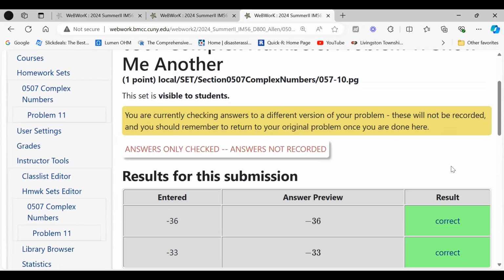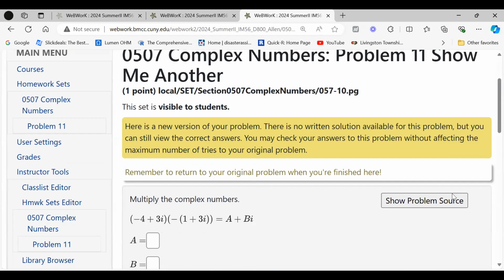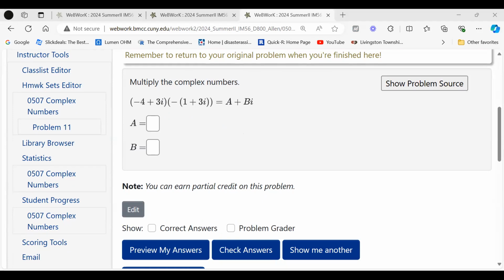Yep, it's good. So you guys can try another version of this. Give it a shot. This one has multiple terms, or if you want, you can distribute this one first. Okay, try it.